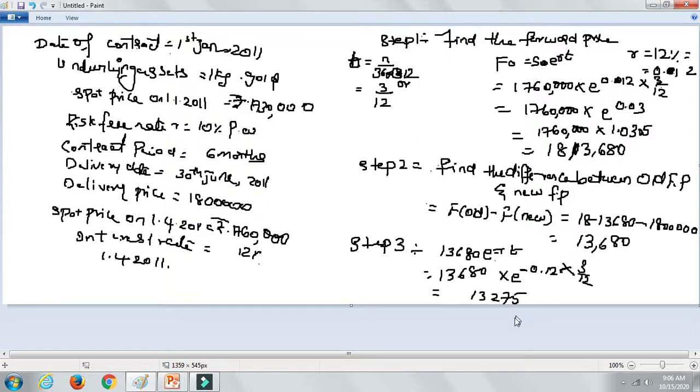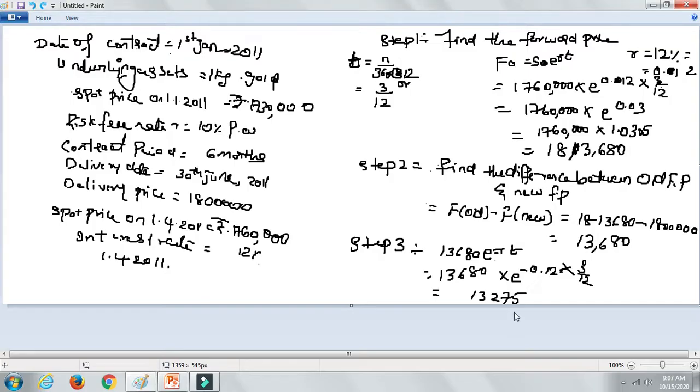So if you calculate this, you got 13,275. So on 1st April 2011, Mr. Ajay, the buyer, will be the loser, because he has to pay 13,275 extra.